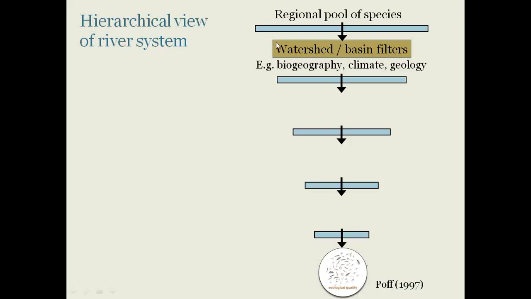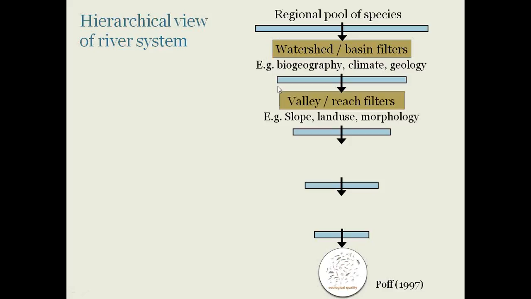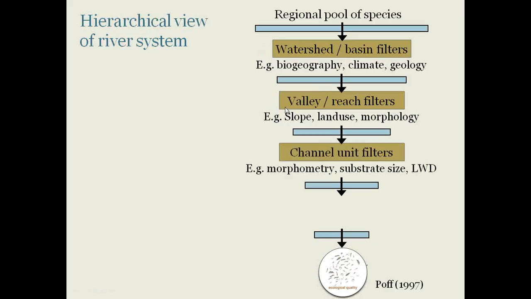But the species that remain have managed to pass through that first filter. We go to the next scale down, which they call the valley or the reach filters. These are things like the slope, the land use within the catchment, the morphology of the site. And again, your regional pool of species has been depleted slightly at this first filter, and again, it will pass through the second filter, and more species will be removed.